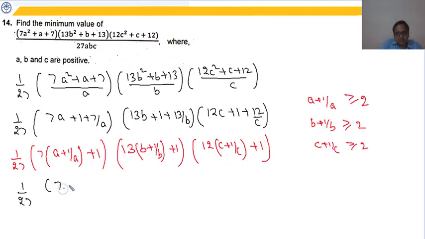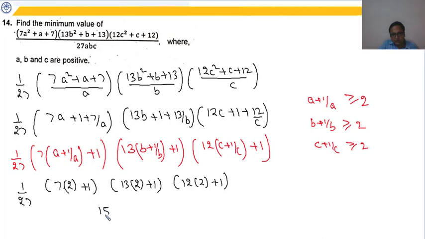So minimum value is, in this case, 7 into 2 plus 1, 13 into 2 plus 1, 12 into 2 plus 1. 7 into 2 is 14 plus 1 is 15. 13 into 2 is 26 plus 1 is 27. 12 into 2 is 24 plus 1 is 25.